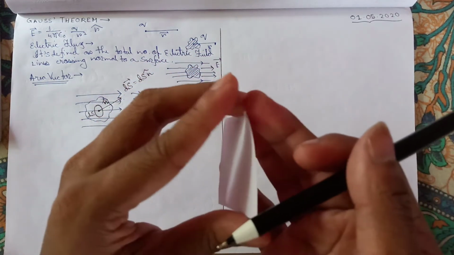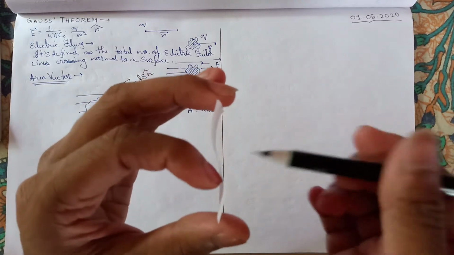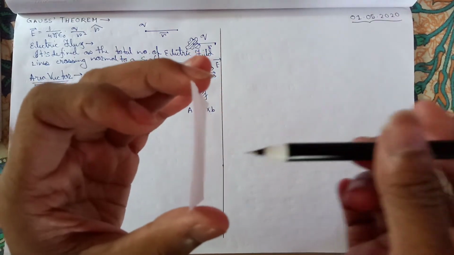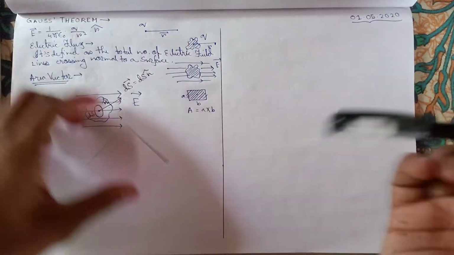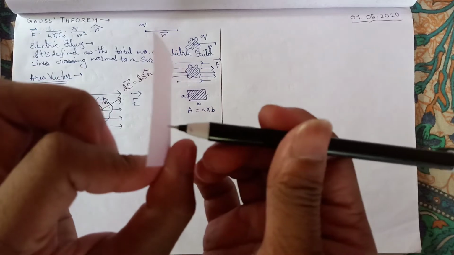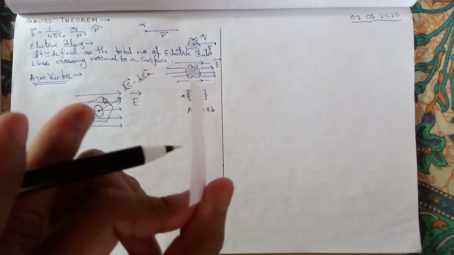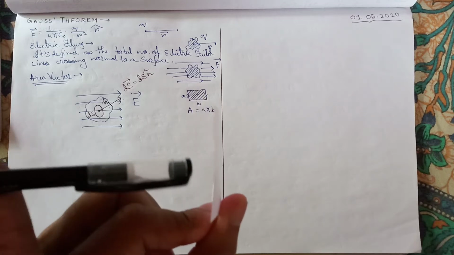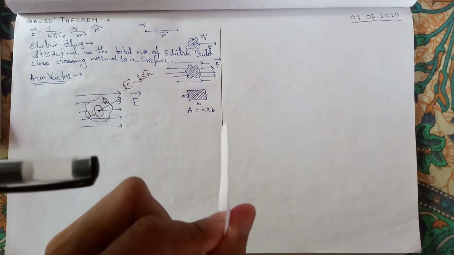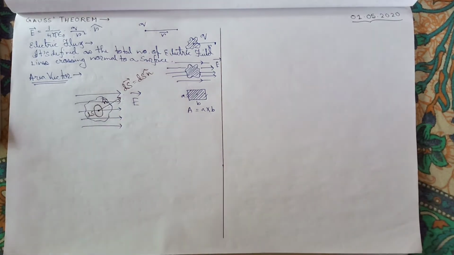So the direction of the area for both persons will be different. So for the person here at that point, the area will be in the right hand direction, from here to here, and the left hand side person will see the area in the left hand direction. Okay, the normal, the viewer.